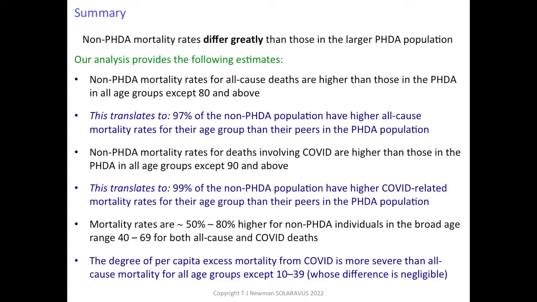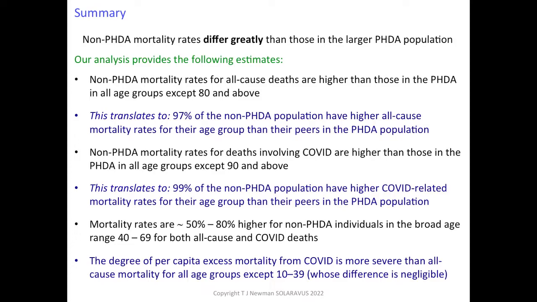In COVID, it's even more stark: the mortality rates in the non-PHDA group are higher than the PHDA in all age groups except 90 and above, the very highest age group. And this translates to 99% of the non-PHDA population having higher COVID-related mortality rates than their peers in the PHDA population.